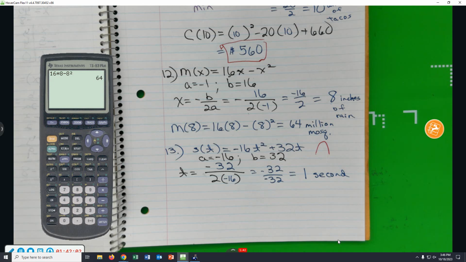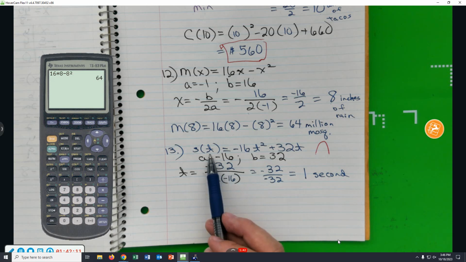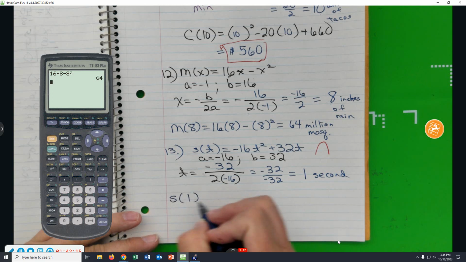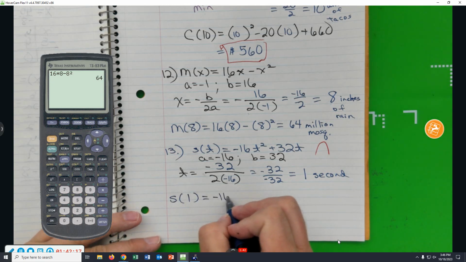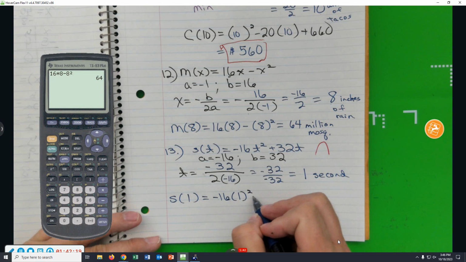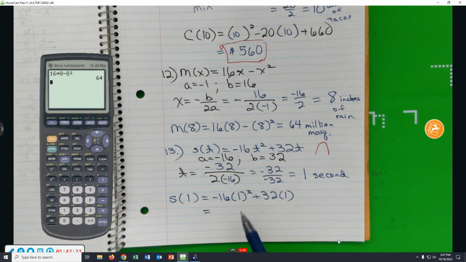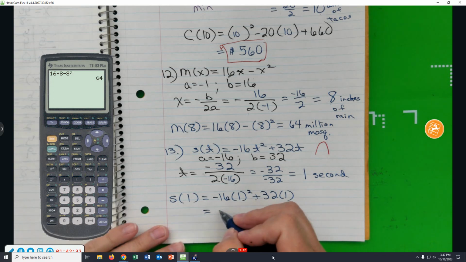But go ahead and find the height. How will we figure out how high it goes? We use the vertex formula to find the first coordinate. To find the value of the function, you plug in that number, S of 1. One squared is 1 times negative 16 is negative 16, plus 32 times 1 is 32.